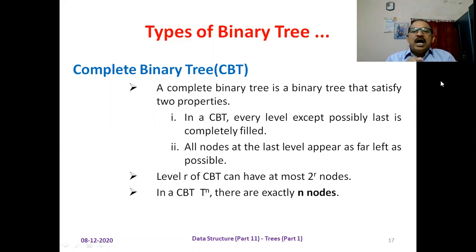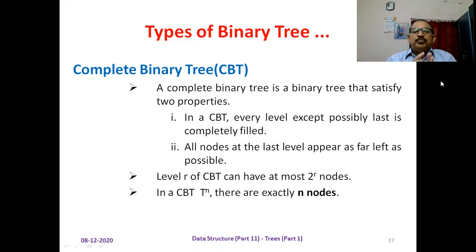Next property, all nodes at the last level appear as far left as possible. Okay. Next, level R of a complete binary tree can have at most 2 power R nodes. Okay, means a level is completely filled.